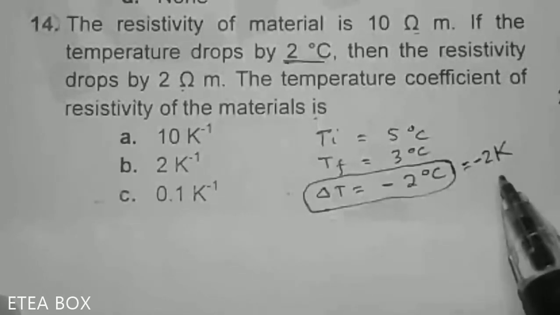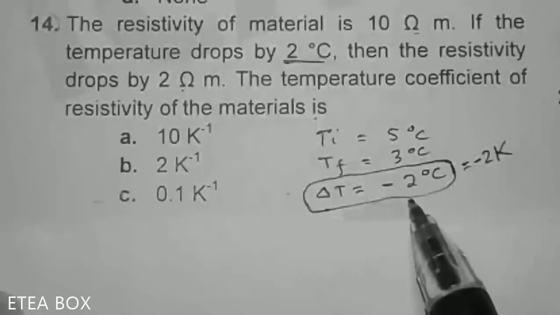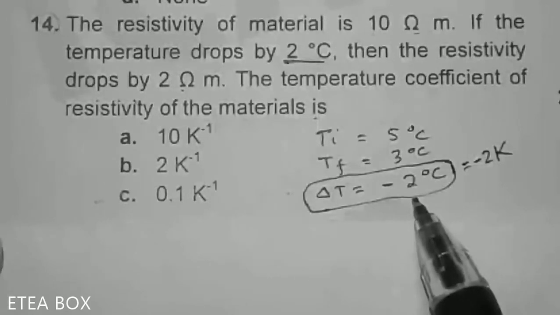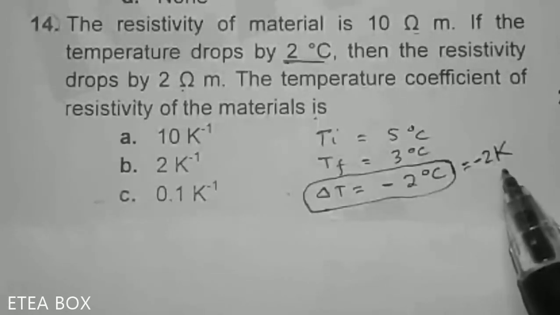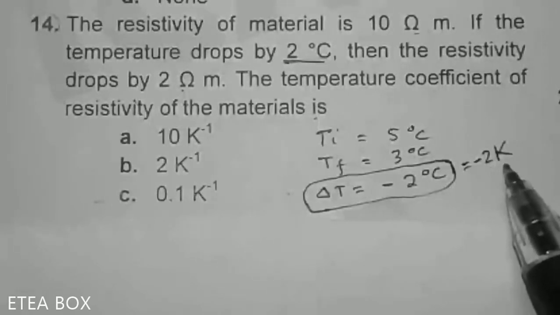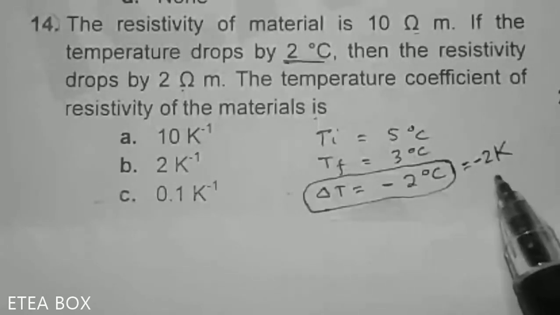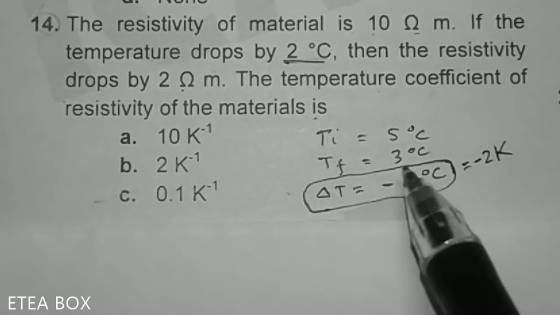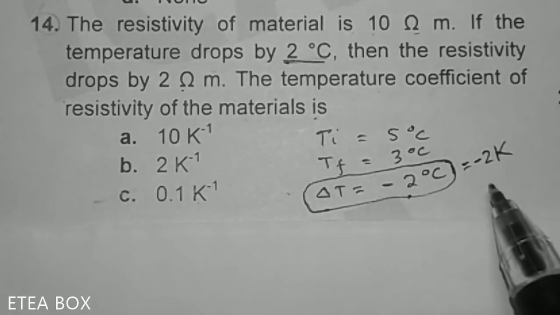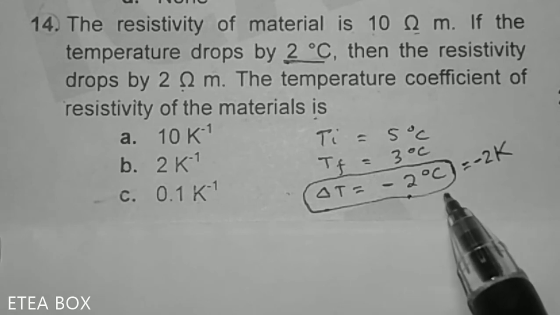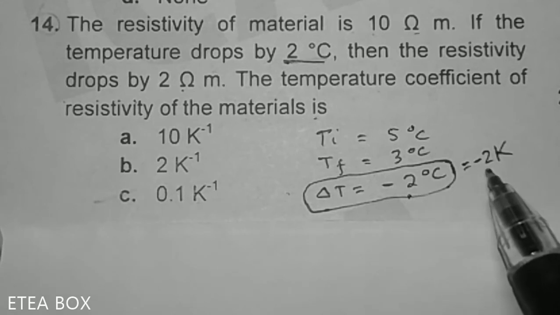So the change in temperature for centigrade will be equal to the change in temperature for Kelvin. So these both will come same. So you don't have to convert with 273 or something else. Directly put minus 2 centigrade is equal to minus 2 Kelvin.